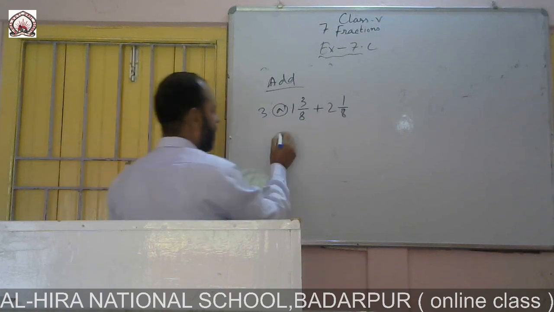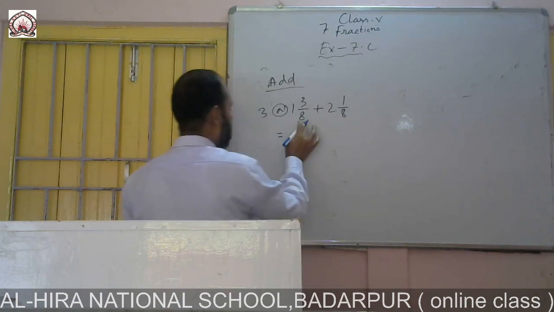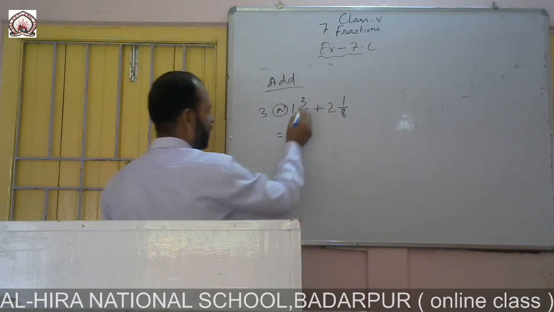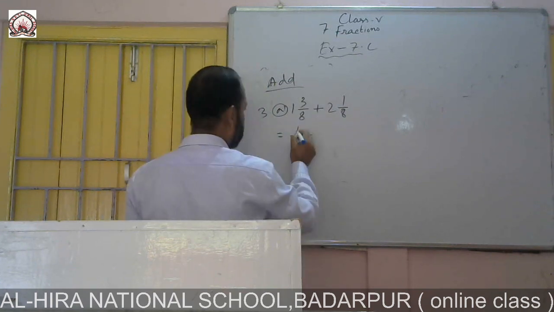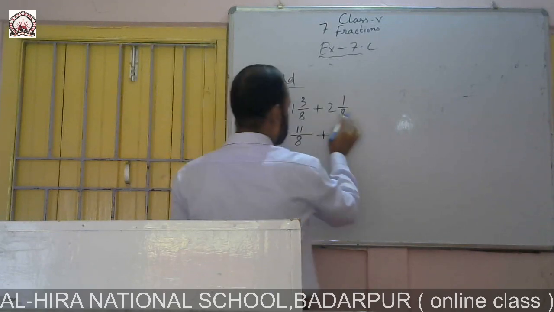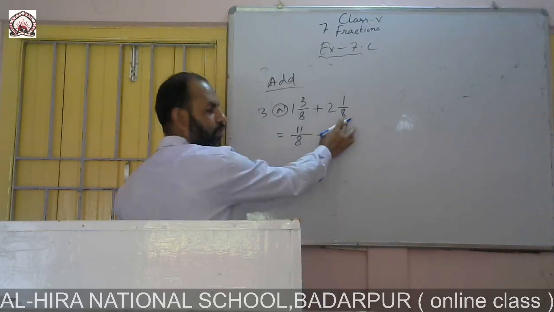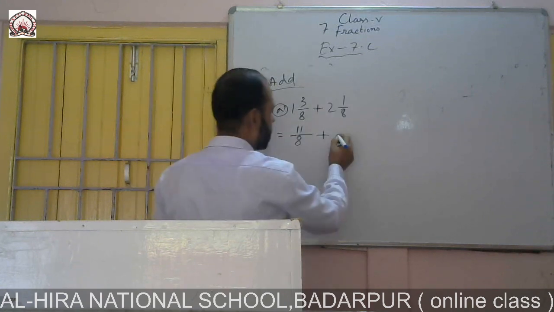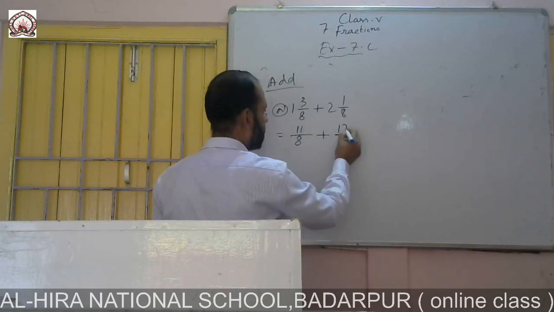So here 8 1 jar 8 plus 3, 8 plus 3 equals 11, 11 by 8, plus 2 8 jar 16, 16 plus 1, 17, 17 by 8.